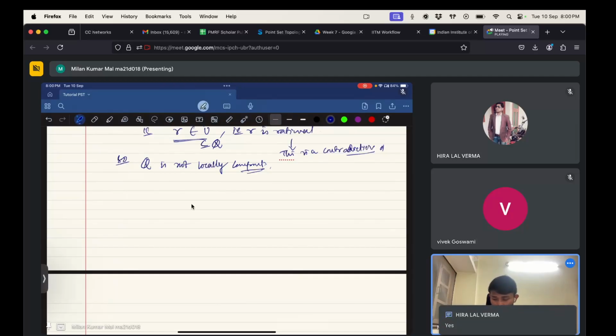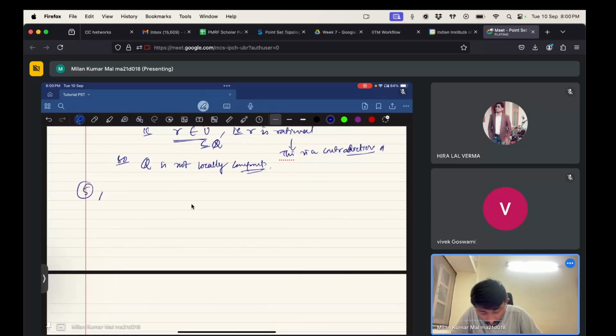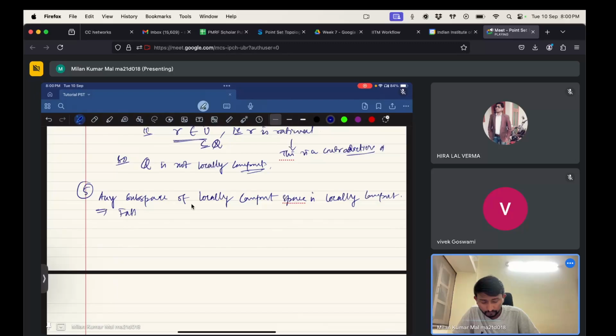Okay, clear. Next problem is 5: any subspace of a locally compact space is locally compact. This is also a very easy problem. The answer is false.